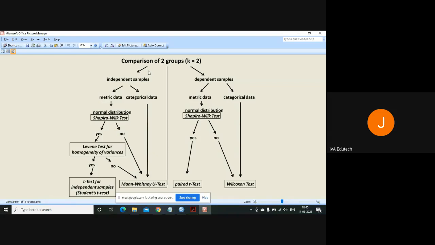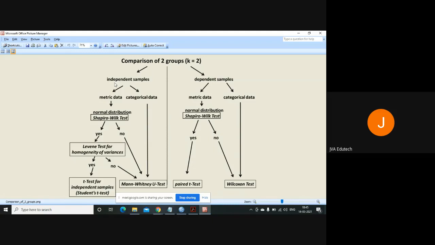Otherwise, if it doesn't have equal distribution, what will happen? Your result will be erroneous. You can say that okay, work-life balance is better in males as compared to females, which may or may not be the case. But you cannot say confidently that the result is free of error, because there is no equal representation.